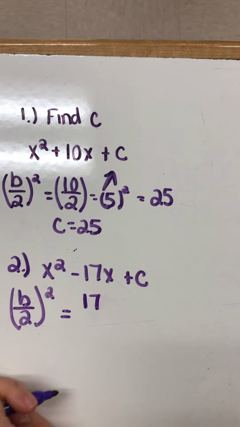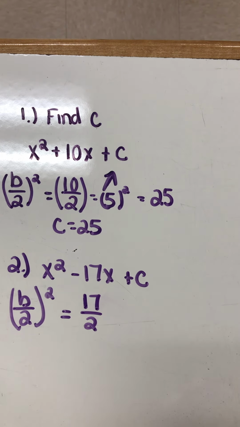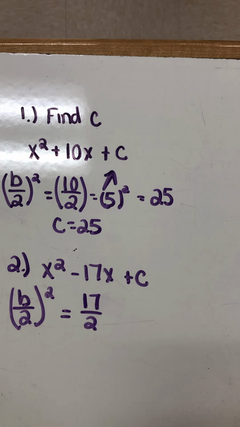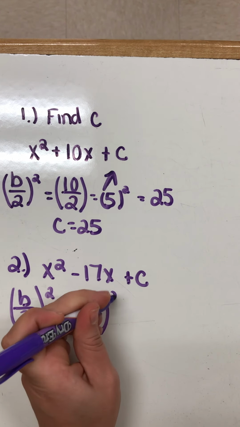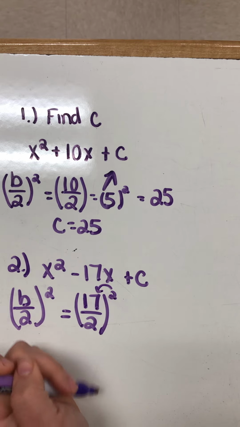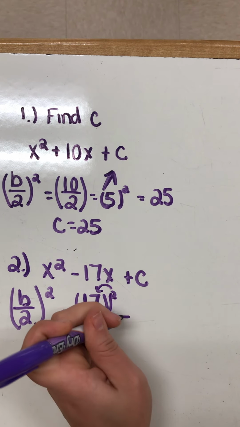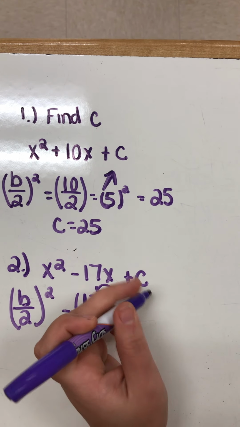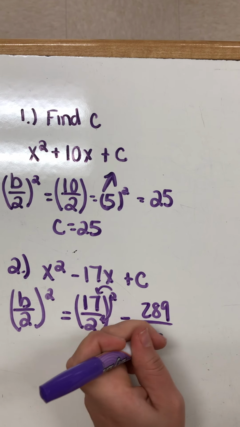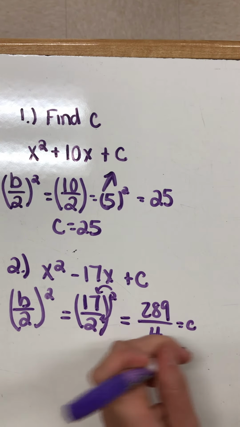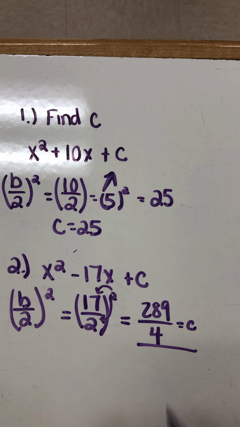So take the 17, divide it by 2. Does that divide evenly? If it does not divide evenly, you leave it alone. When you square it, you square the top number by itself and the bottom number by itself. So 17 squared is 289. 2 squared is 4. So that is your answer for c. They're allowed to be fractions, and we will get them a lot later.